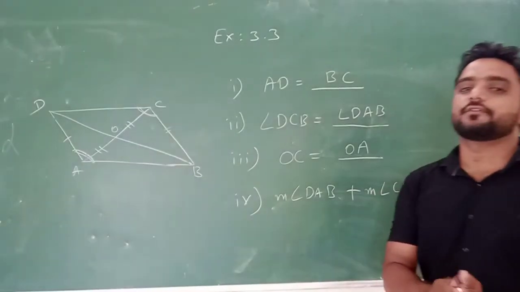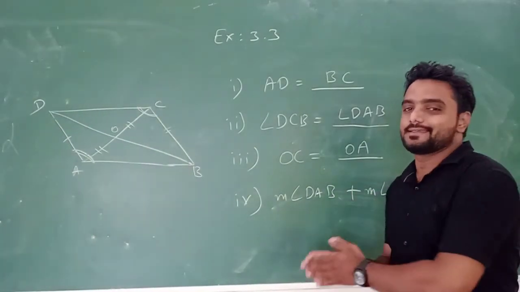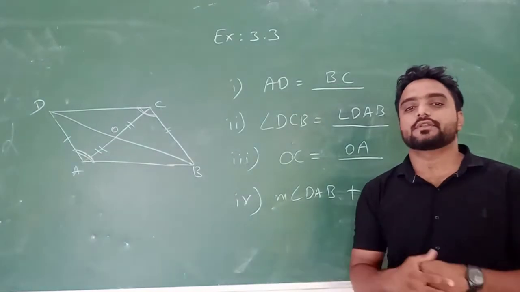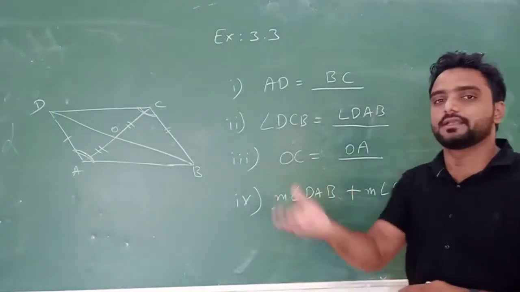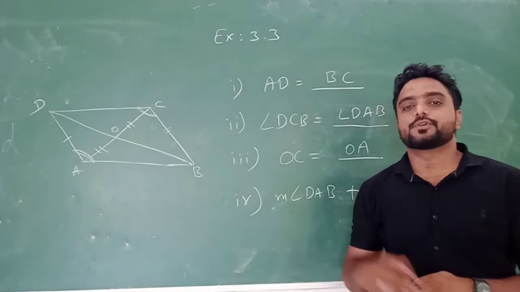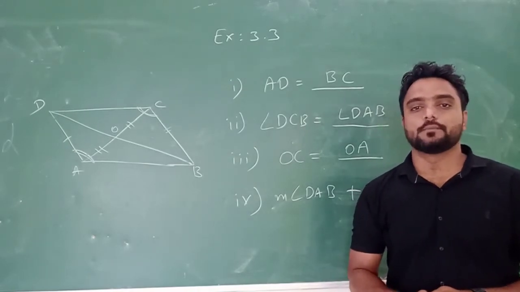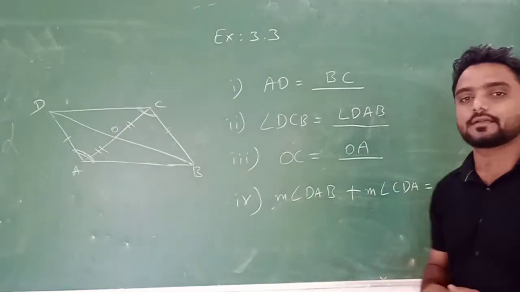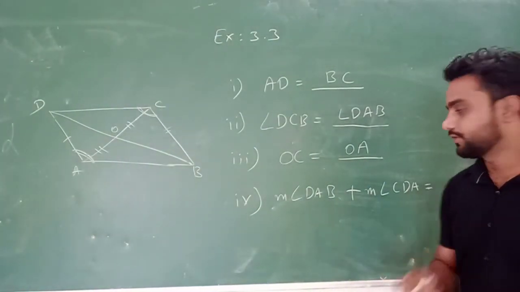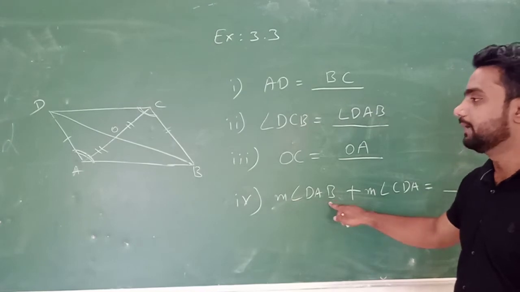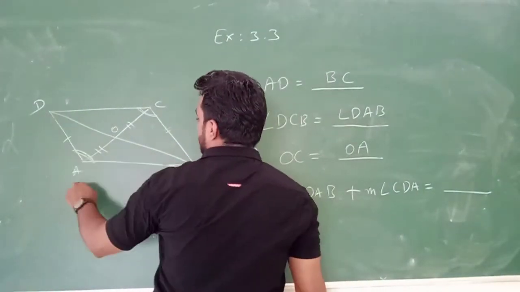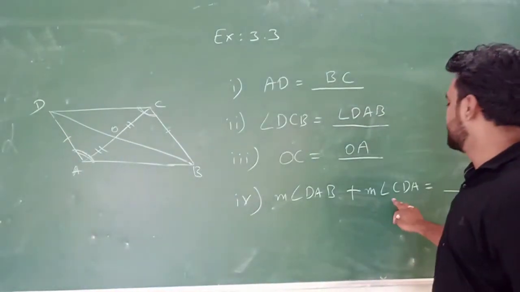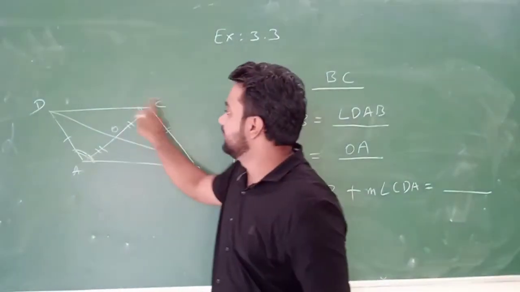So on the basis of which property? First of all, look, here the summation of two angles is given, and according to the summation of two angles, I just told you a property before this, that is, the summation of the adjacent angles of a parallelogram is supplementary. Understand or not? So we will check whether these two angles are adjacent angles or not. So first one is measure angle DAB. DAB means this angle. And another angle is which one? Measure angle CBA means CBA.